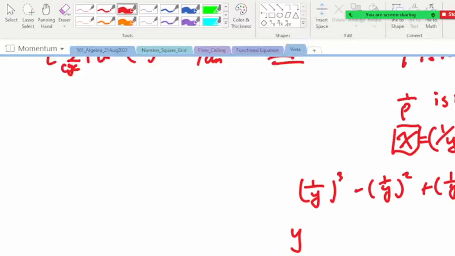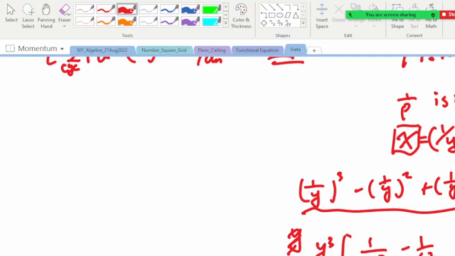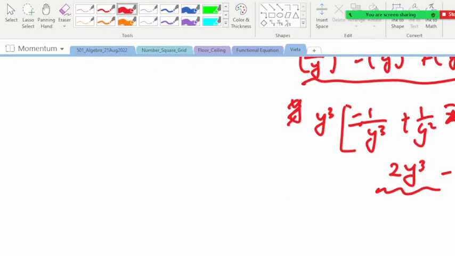So let's reorganize this by multiplying y cubed on both sides, which gives 1 minus y plus y squared minus 2y cubed equals 0. We can change the signs, then it will be 2y cubed minus y squared plus y minus 1 equals 0, right?